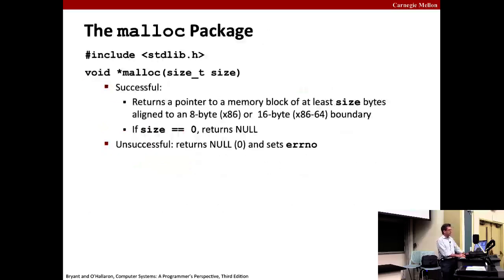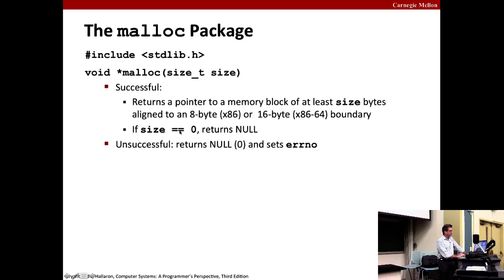Now the allocator in C is provided by the standard C library in a set of functions called the malloc package. The malloc function is used to allocate memory, and it takes as input a size argument, which is in bytes. Then it returns a pointer to a memory block that contains at least size bytes, and that block is aligned on x86 systems to 8 bytes, on x86-64 systems to 16 bytes.